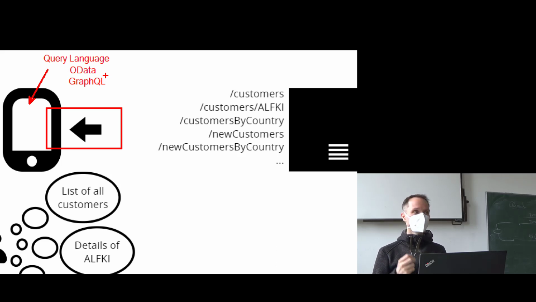It solves exactly the same problem. Differently, OData is a so-called RESTful Web API, while GraphQL is not. OData can also write data. GraphQL, well, can, but is often used just for querying. Yeah, that's the reason why we focus on OData.